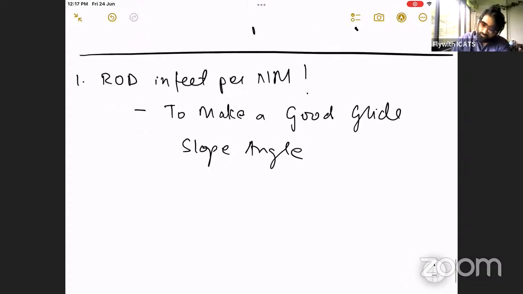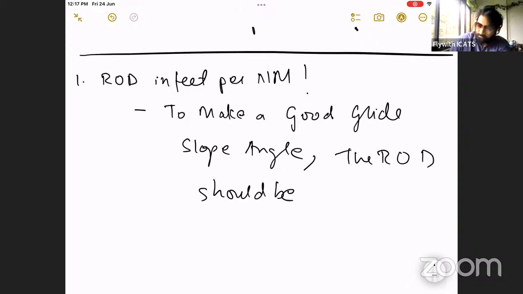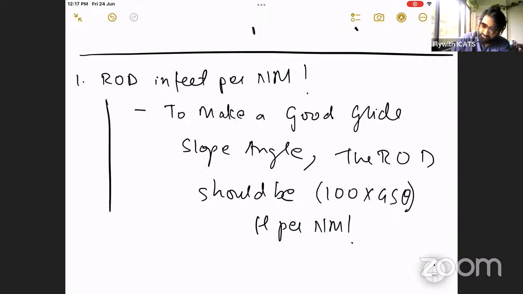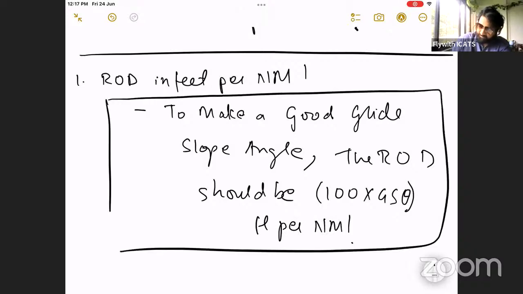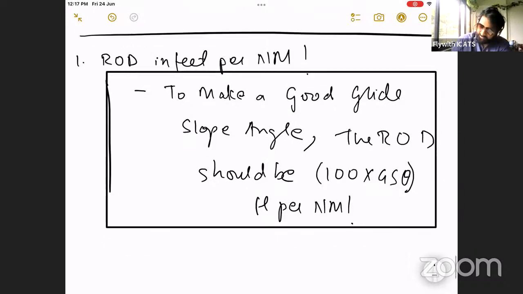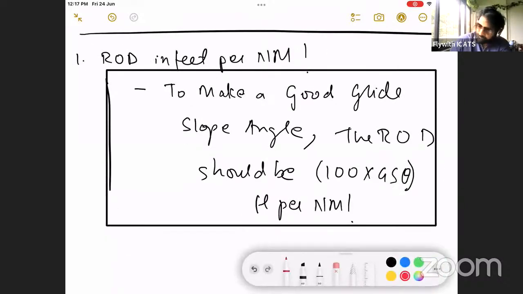To make a good glide slope angle, the ROD should be 100 into the glide slope angle, feet per nautical mile. This text that I have given you in the box is a thumb rule.